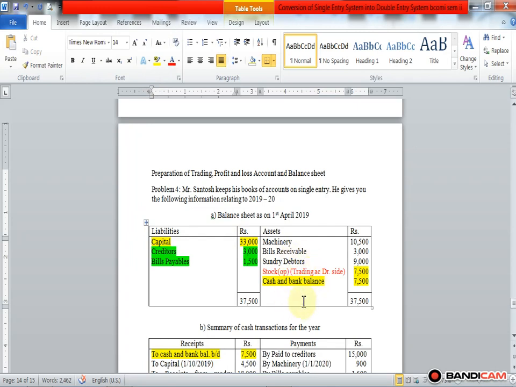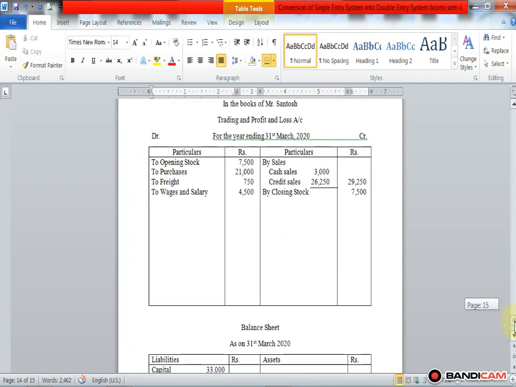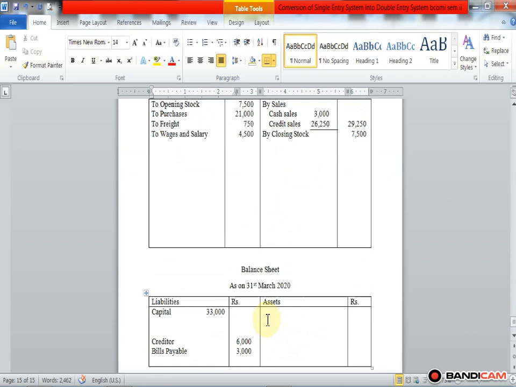Now we transfer the asset side. Okay, so here machinery. No closing balance of machinery is given, so this opening balance is our closing balance. So machinery is transferred to the closing balance sheet, amounted to rupees 10,500.